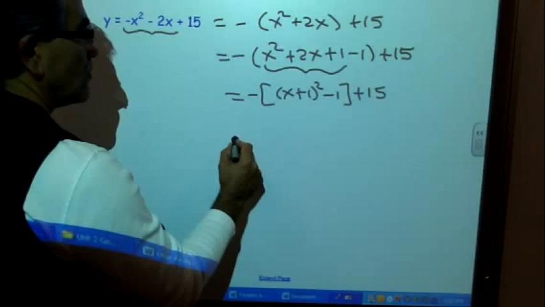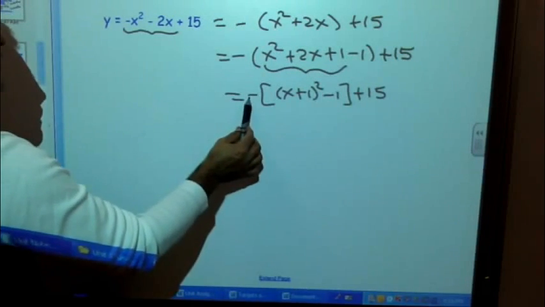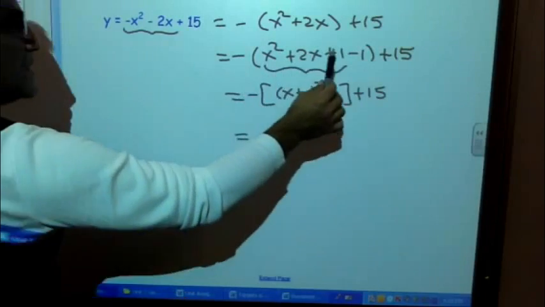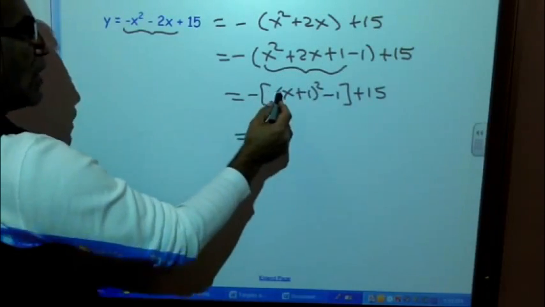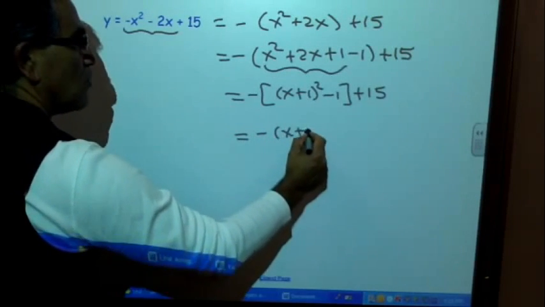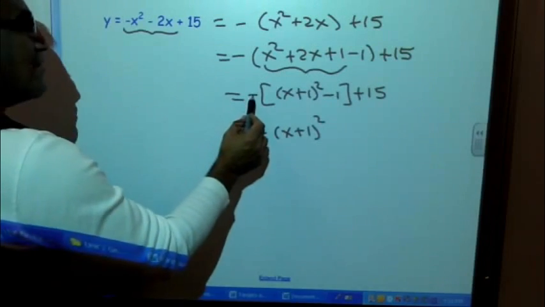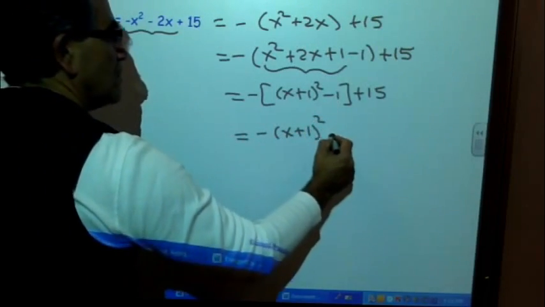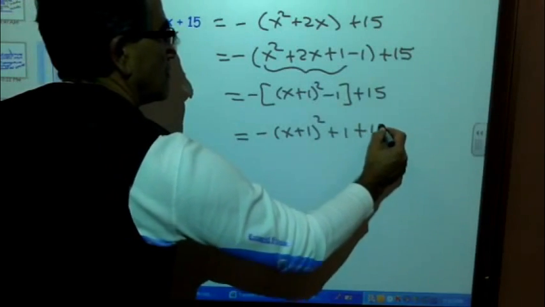Now I'm going to remove the bracket by multiplying my negative 1 times each of these terms inside the square bracket. So negative 1 times my bracket is just going to be negative (x plus 1) squared. The bracket is a whole unit, and then negative 1 times negative 1 is going to be positive 1 plus 15.